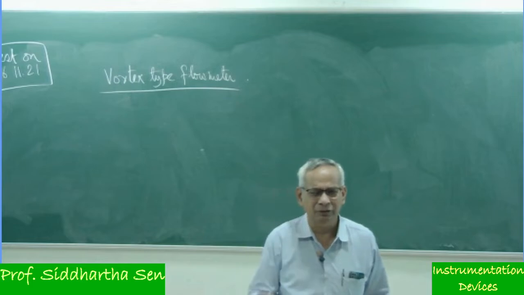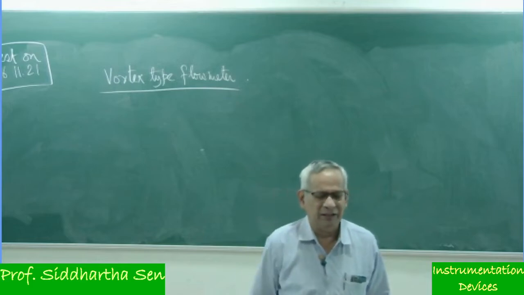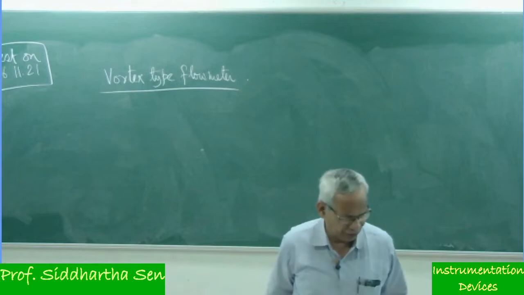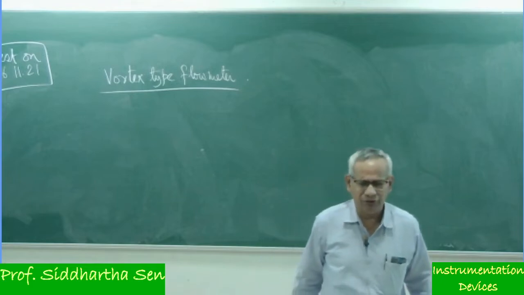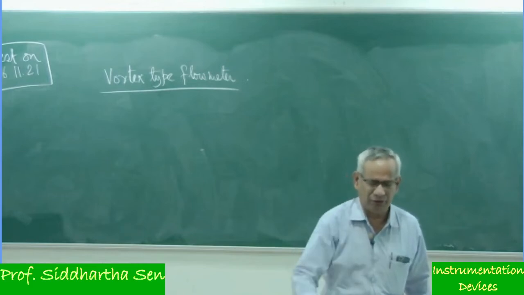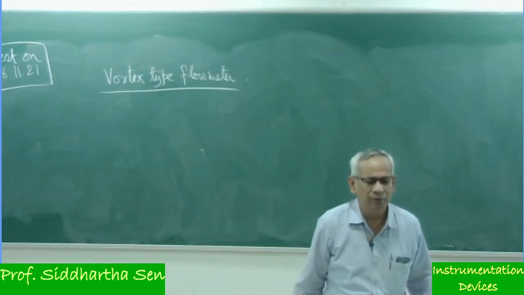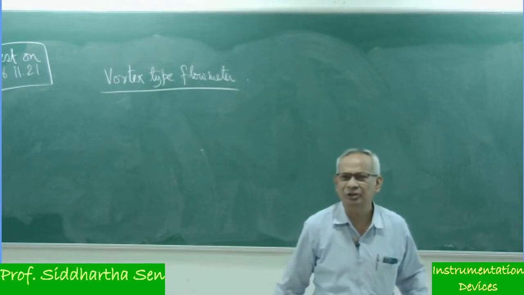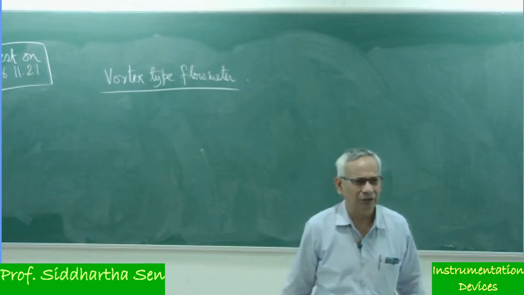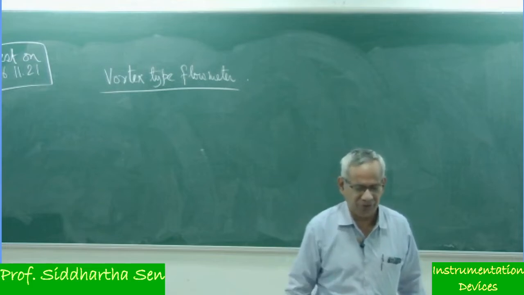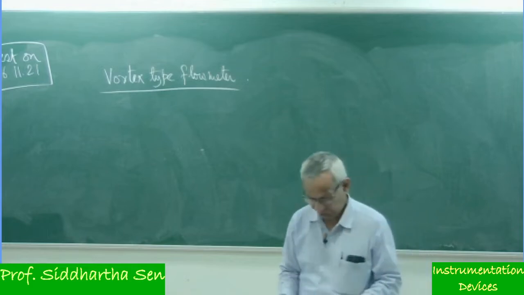And if there is some obstruction, you just put a small stick or an obstruction like this, there would be some vortex formation. You must have seen all of it. In any passing liquid, if you obstruct at any point, then there would be some vortex formation.